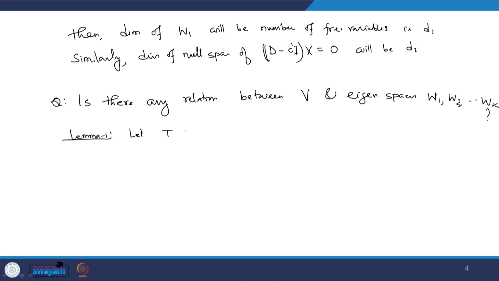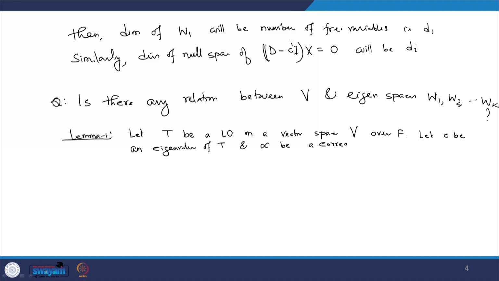Let T be a linear operator on a vector space V over F. Let C be an eigenvalue of T and alpha be a corresponding eigenvector, that is T alpha equal to C alpha.